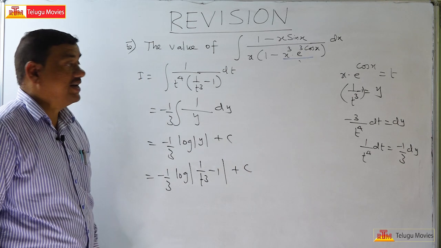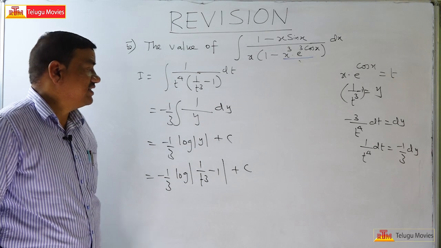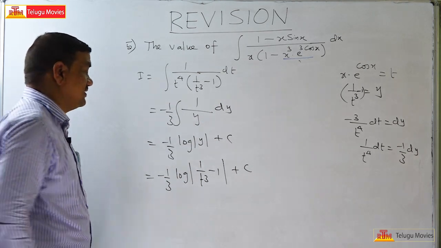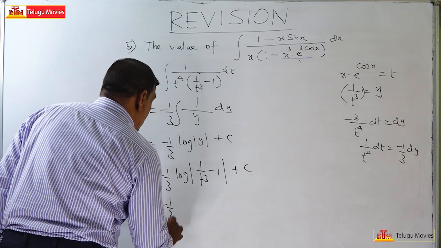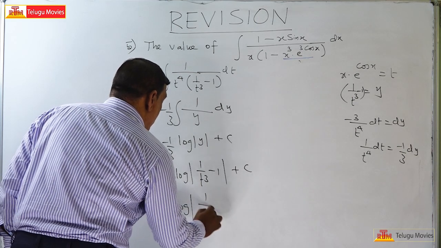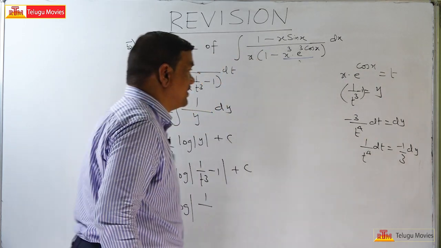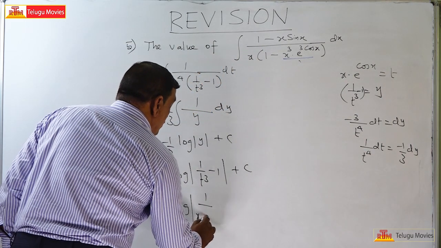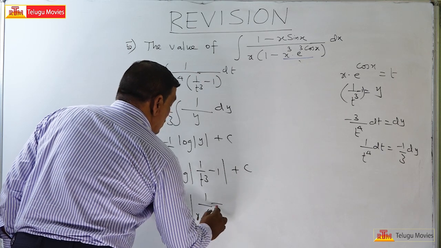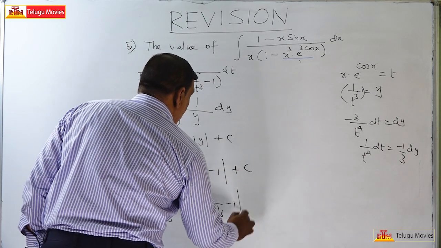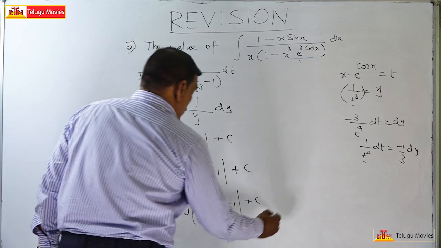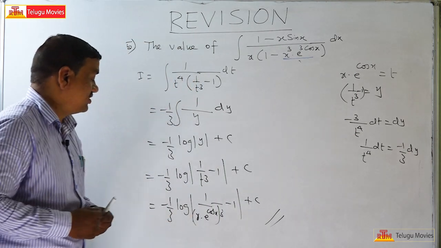What is our t? X into e power cos x. So minus 1 by 3 log of modulus of 1 by (x into e power cos x) whole cube minus 1, plus c. Understand? So this will be the final answer.